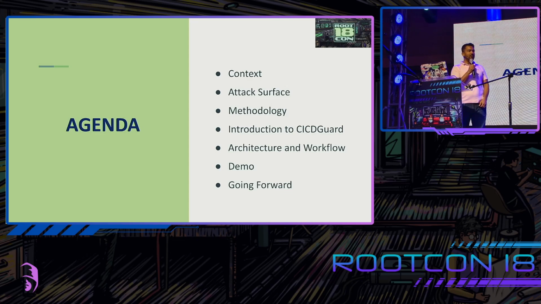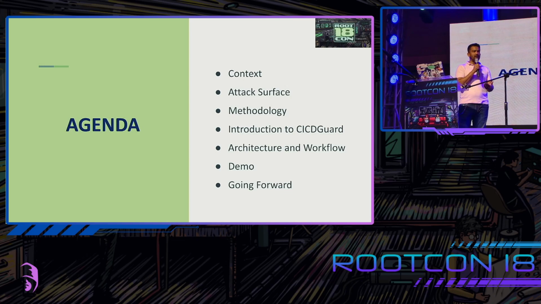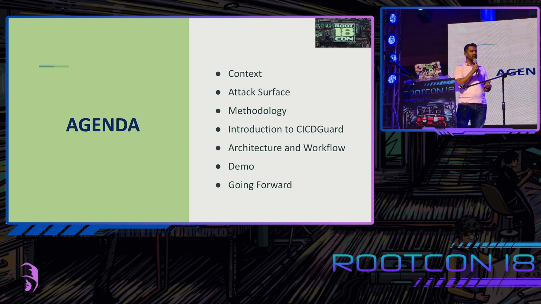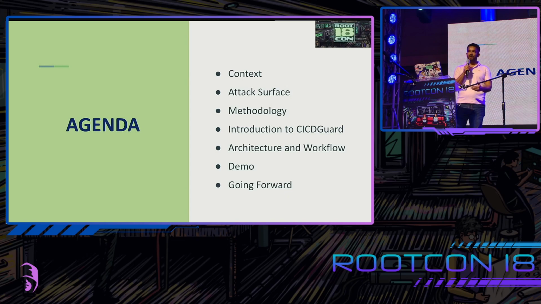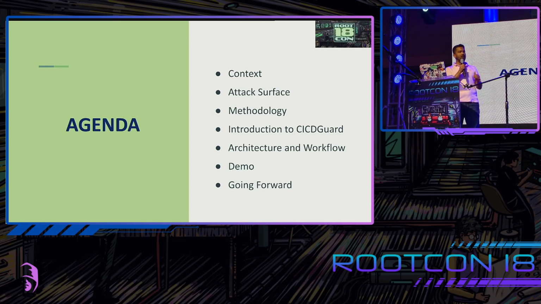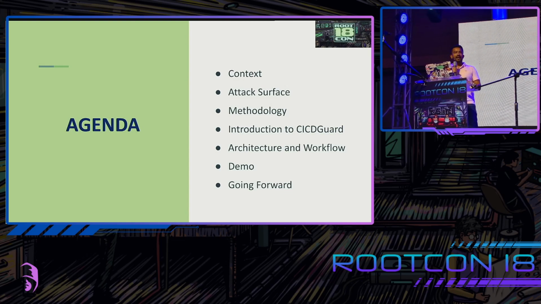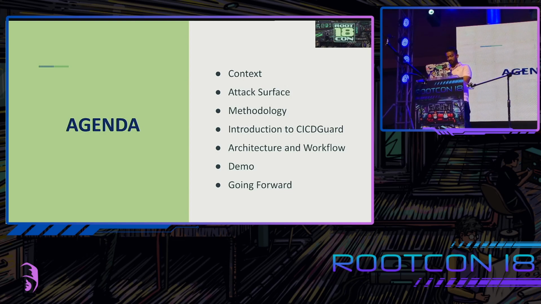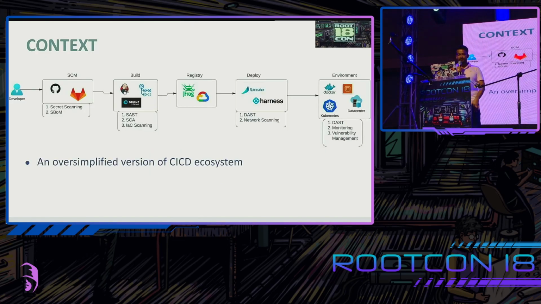Then I'm going to introduce my open source project, CICDGuard, which is built around the idea of securing CI/CD platforms. We are going to deep dive into its architecture and workflow, and then we are going to have a demo and look at the way forward for this project and the topic.